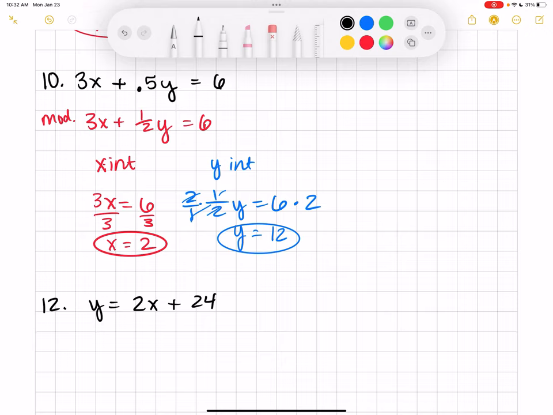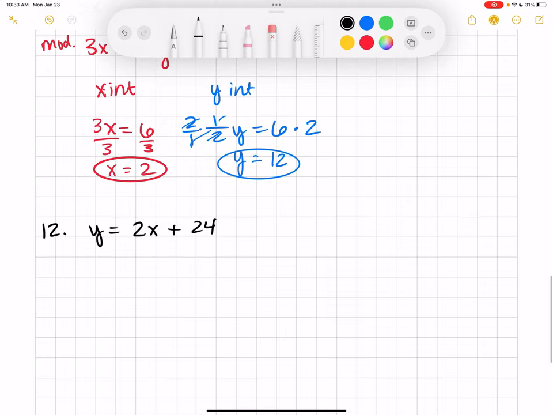Something I didn't necessarily say about the other problems is that the x and y are both on the same side when we initially do these problems. If they aren't on the same side, I need to move whatever variable over to the other side, so I have my variables on one side and just numbers on the other side. So I need to move my 2x over here with the y.